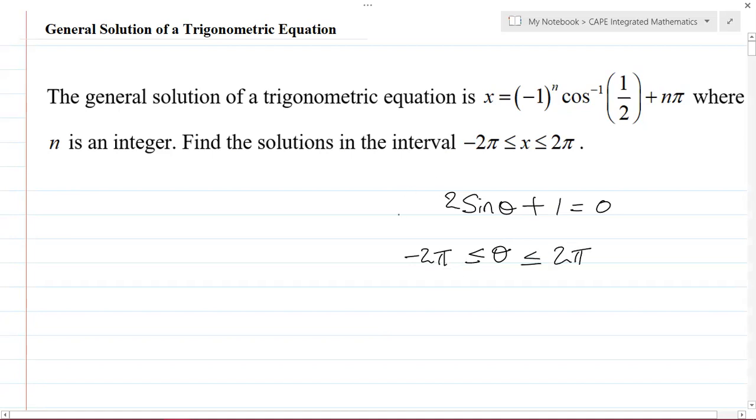You know how to do this already, I'm assuming. Now, what if they didn't give you this interval? What if they never gave you that?